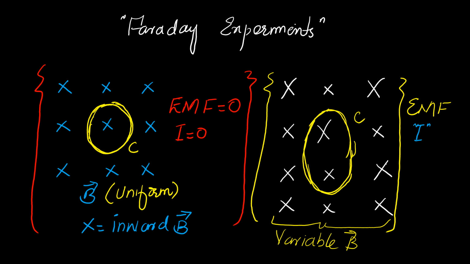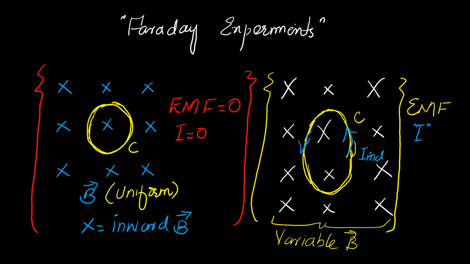So in such a situation, whenever there is a variable magnetic field, there will be electromotive force, and there will be a generation of induced electric current in the coil.